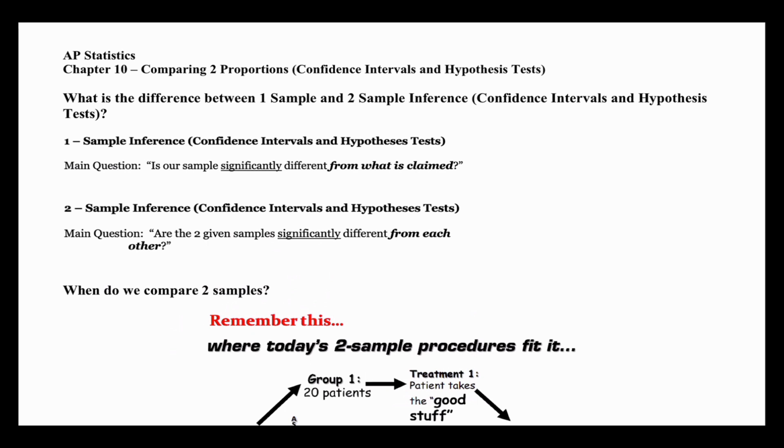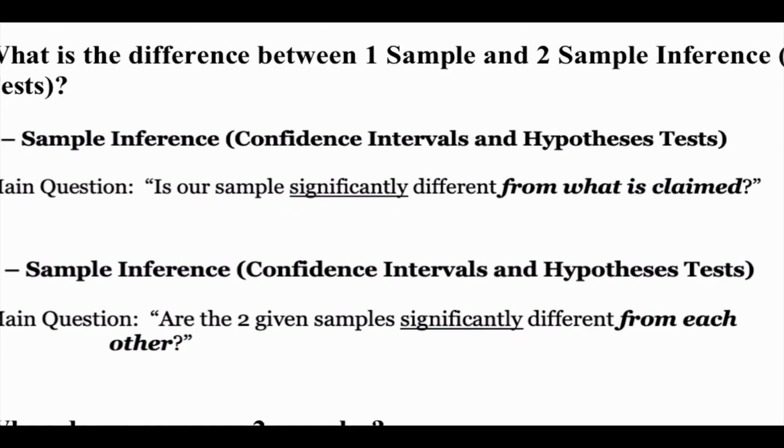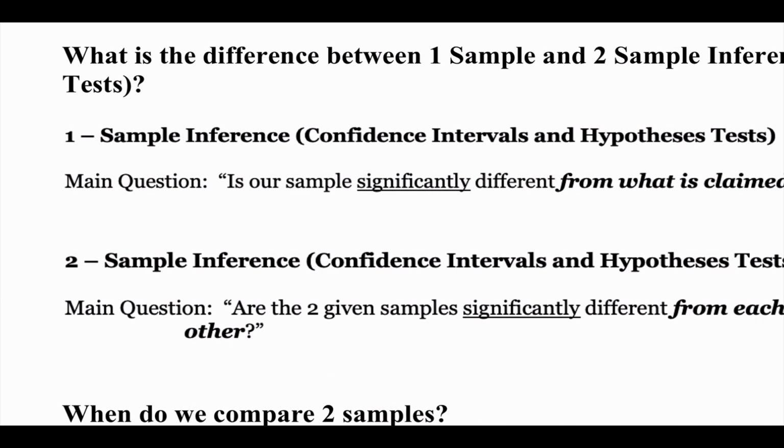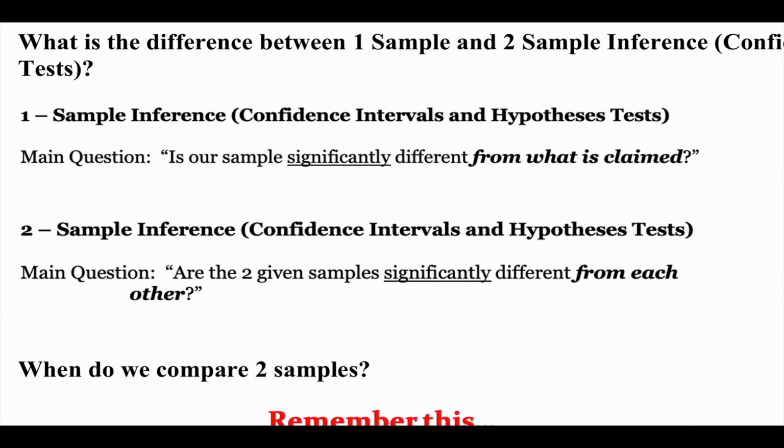So what is the difference between one sample and two sample inference? When I say inference, I mean confidence intervals and hypothesis tests. When we're talking about one sample, chapter 7, chapter 8, chapter 9, those are all one sample. We ask this question: is our sample significantly different than what is being claimed?